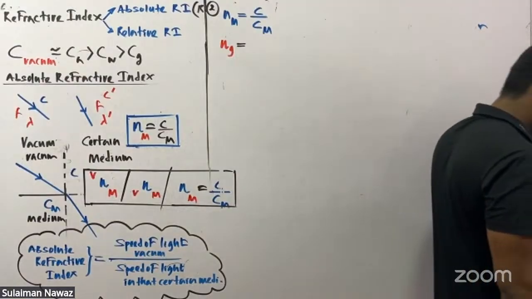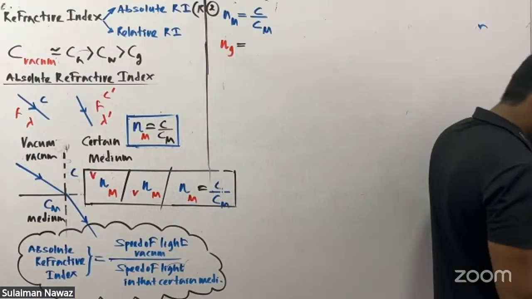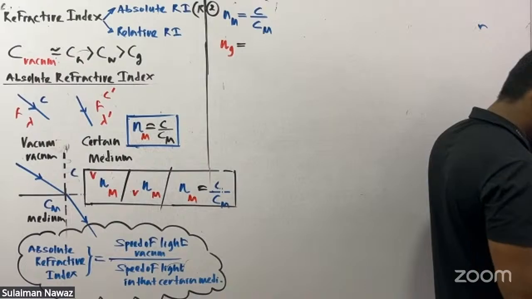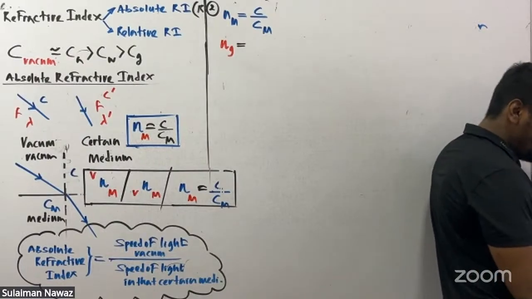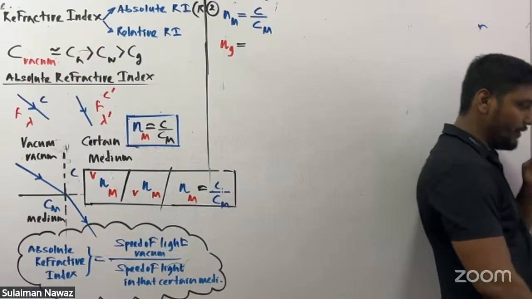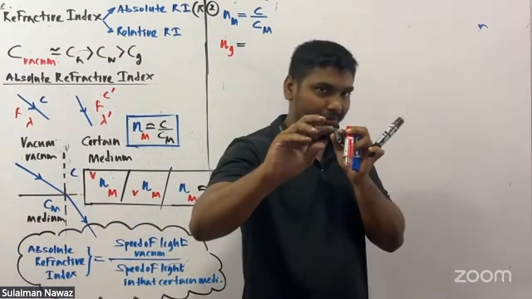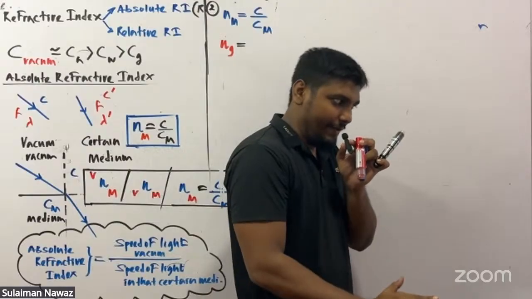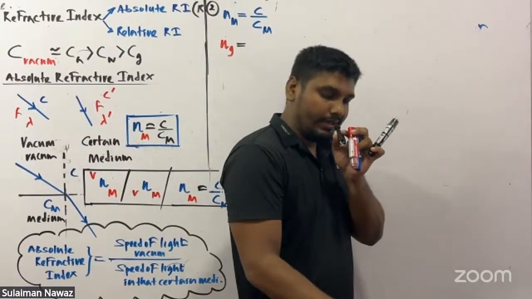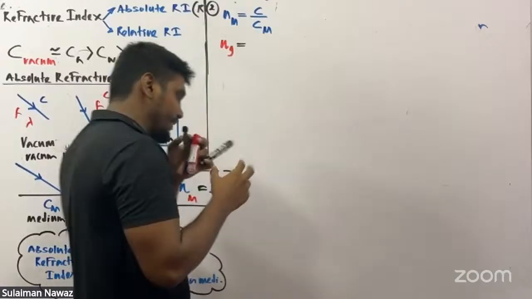They have given the speed of light in glass, but you have no idea what the speed of light in vacuum is. That's the problem. Important point, write down. First important point: the speed of light in vacuum. You know this value. The speed of light in vacuum is 3 into 10 to the power 8 ms minus 1.